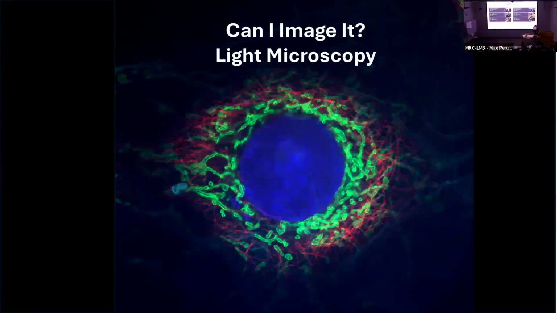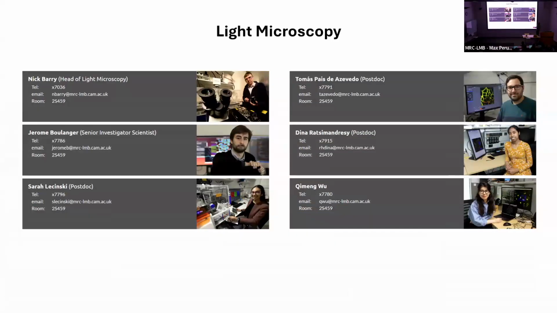So yeah, first of all, I just thought I'd introduce the team. There's a whole bunch of us working on microscopy, light microscopy. It's sort of split into two halves, roughly speaking. Jerome runs the image analysis side, and he's working along with Dina and Simeng. So they're basically dealing with the product of the instrumentation.